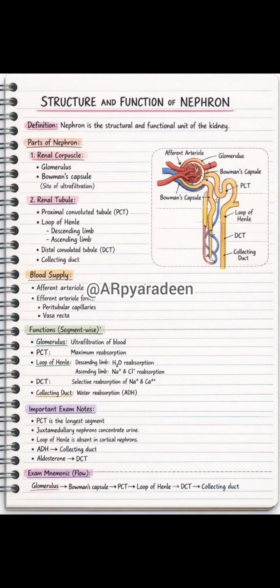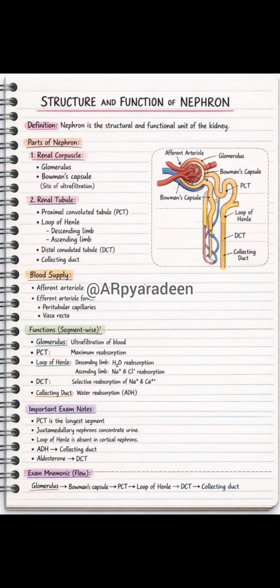Next, coming to the next step, tubular secretion. It takes place in the distal convoluted tubule and some in the collecting duct. It is the active secretion of substances from blood into the tubules. The substances secreted here are H plus ions, that is hydrogen ions, potassium ions, ammonia, drugs, and toxins.